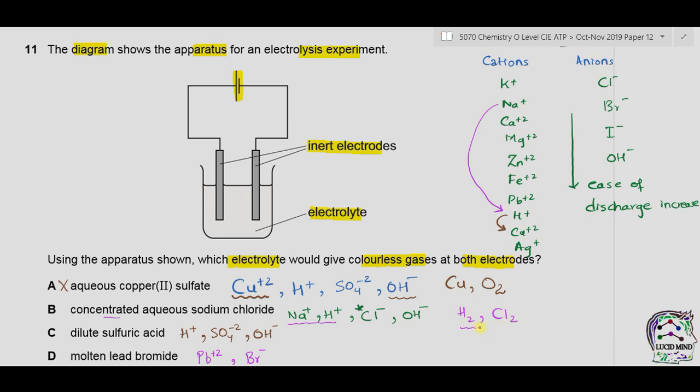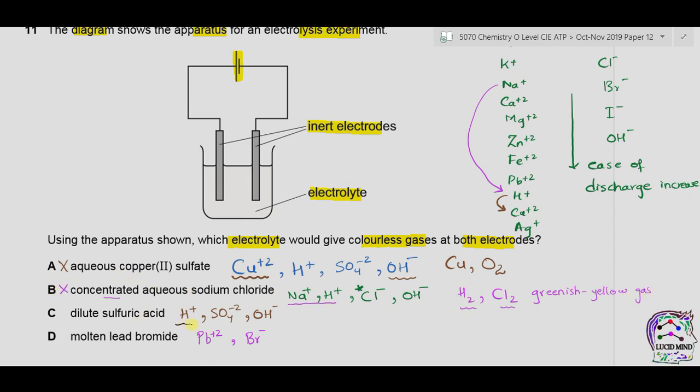Now at both electrodes gases are formed in which hydrogen is colorless but chlorine is not colorless, it is greenish yellow gas. So B is also incorrect.